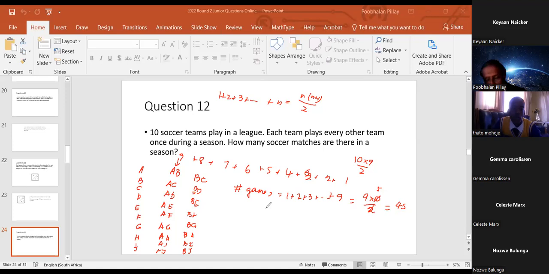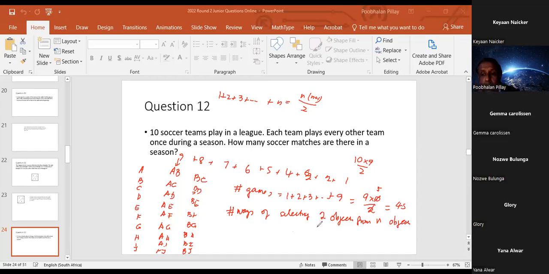And those who attended my class the last time know that the number of ways of selecting, whatever, it need not be teams, it could be marigolds, 2 objects from n objects, is a very important formula, right?